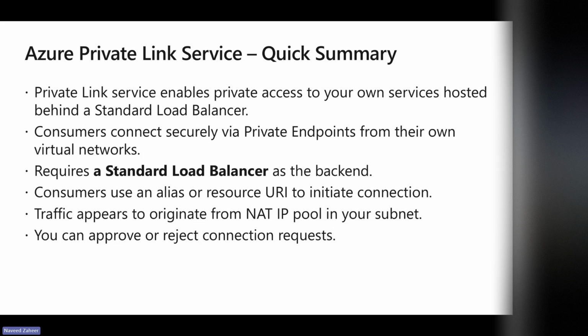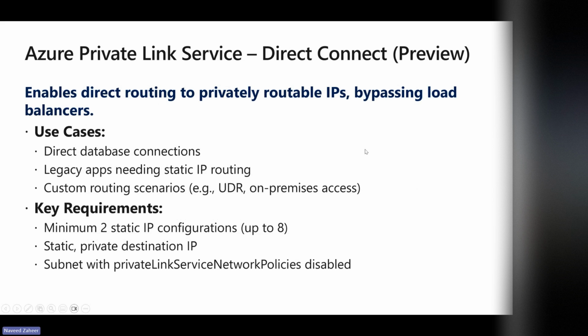If you have your own infrastructure service, like a set of VMs running a service, you can have a standard load balancer sit in front, create a private link service on top of it, and that's how you can create a private endpoint and access it over a private IP. That's what is available before this public preview arrived.